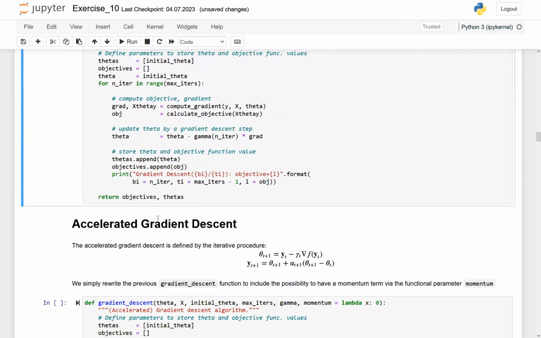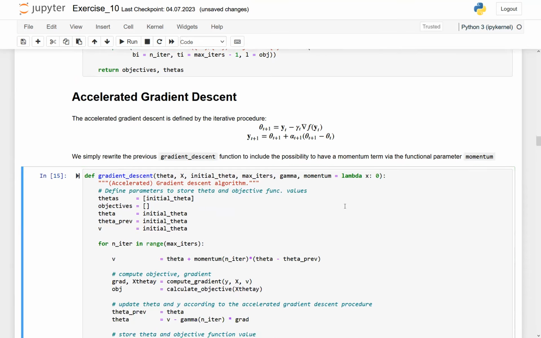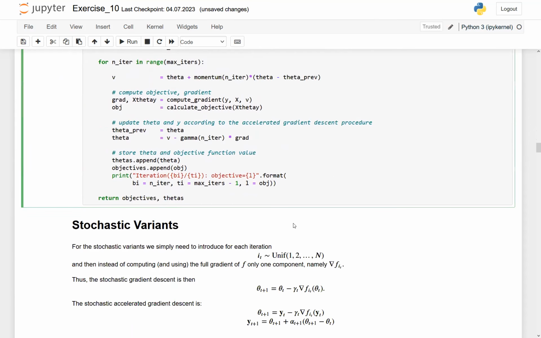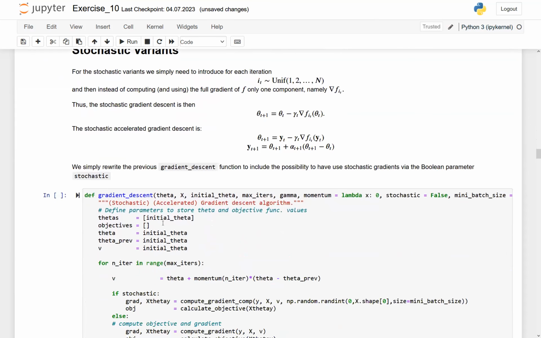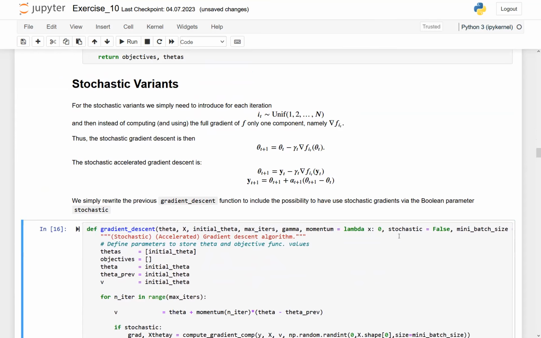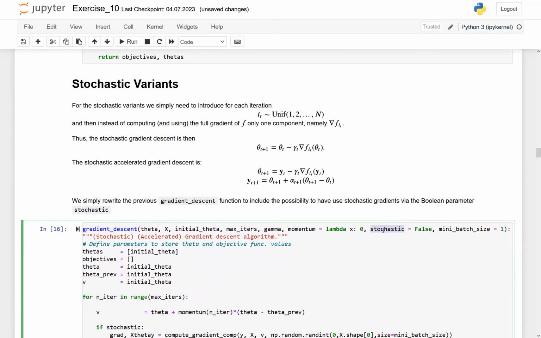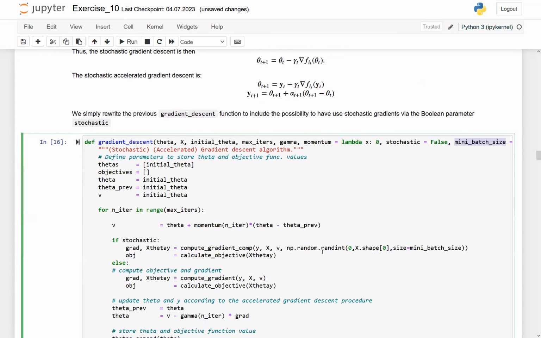Okay, then gradient descent as we had it before, the accelerated gradient descent extension, where we have the momentum term involved, and then we go to the stochastic variance, where we simply extend our gradient descent functions with the components and one Boolean stochastic, which is by default false. Mini batch size is also included, with mini batch size 1.